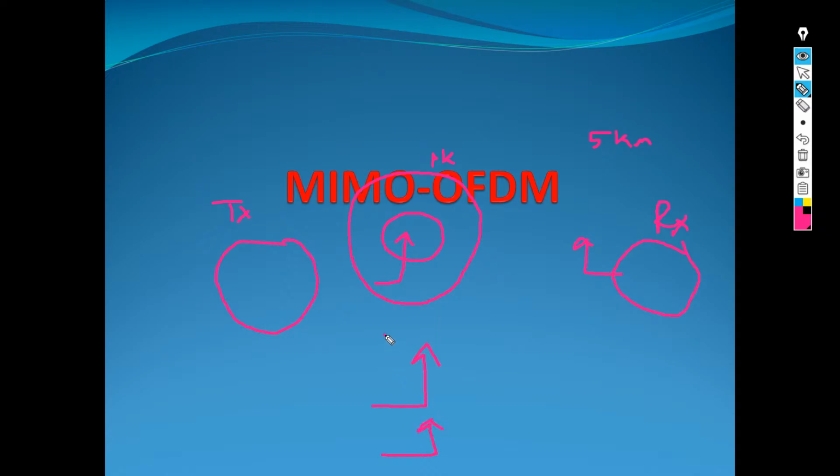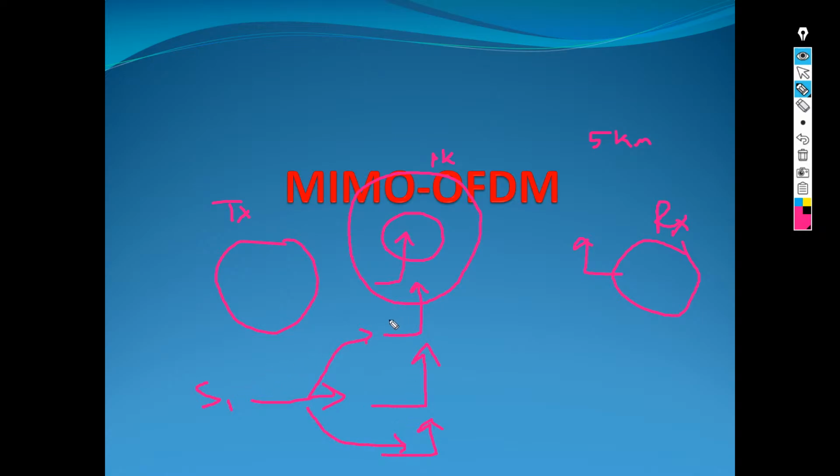Suppose you have three antennas, the new case, and you have one symbol S1. Instead of sending it from one antenna, you send it to three antennas, and you adjust the phases.